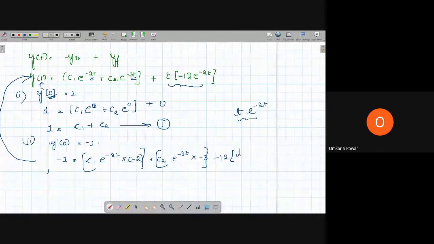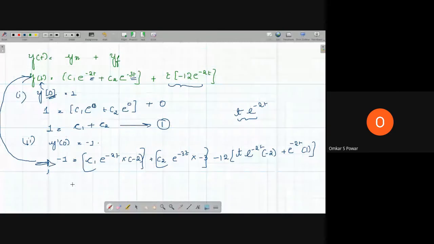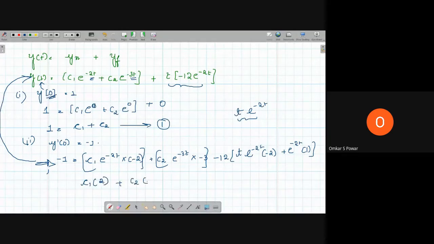So the first function into differentiation of the other function, e power minus 2t into minus 2, plus the second function into differentiation of the first function, which is 1. If you solve this, you will get C1 into minus 2 plus C2 into minus 3 is equal to 11. So this is our second equation.